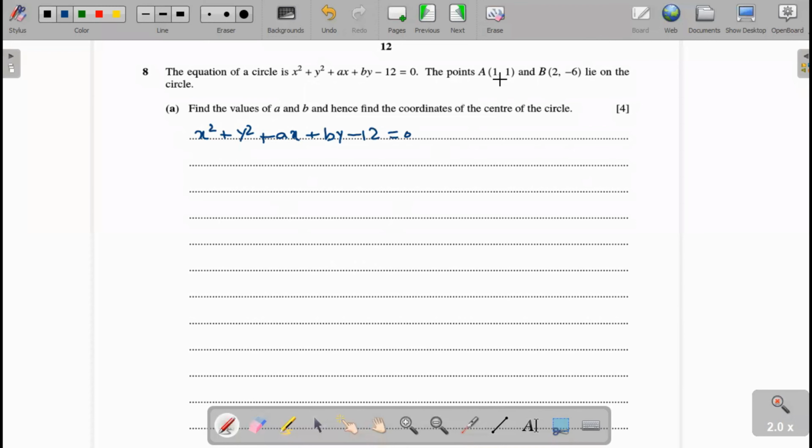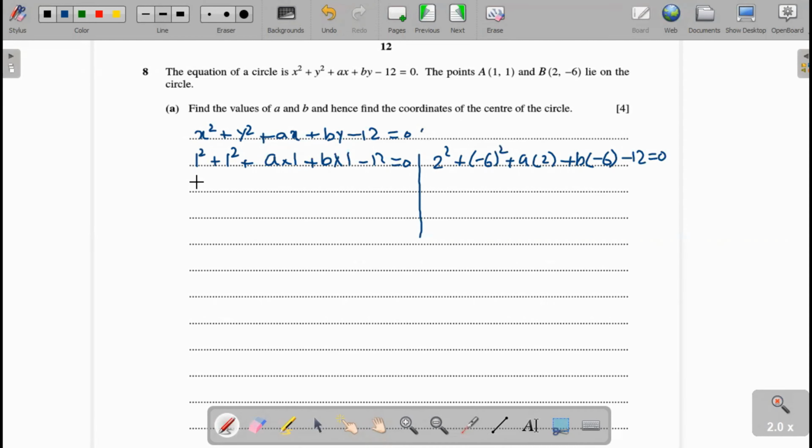The equation given is x squared plus y squared plus ax plus by minus 12 equal to 0. We put the first point (1, 1): 1 squared plus 1 squared plus a times 1 plus b times 1 minus 12 equal to 0. Then the second point (2, minus 6): 2 squared plus minus 6 squared plus a into 2 plus b into minus 6 minus 12 equal to 0.